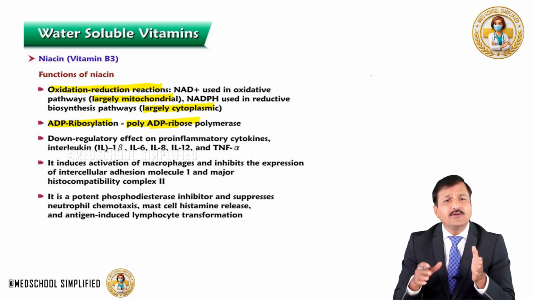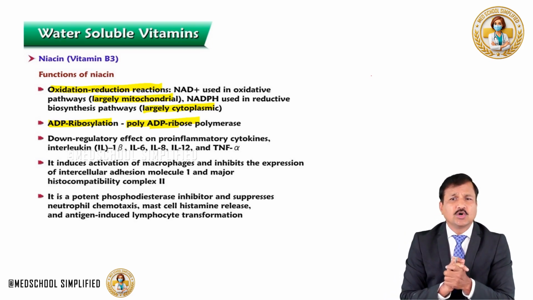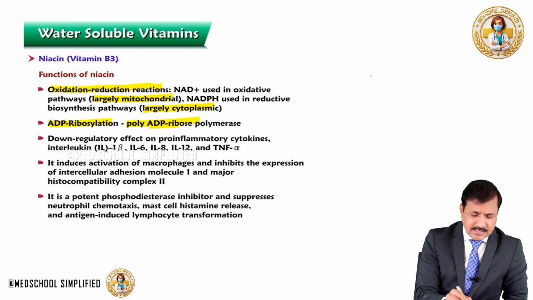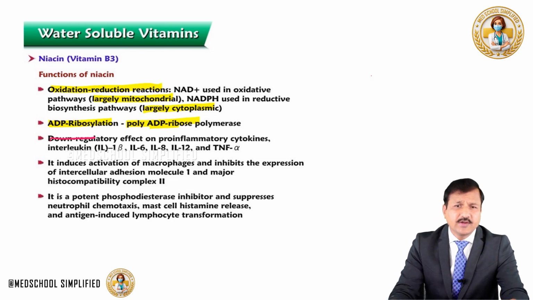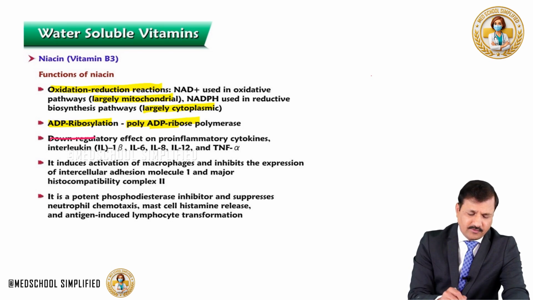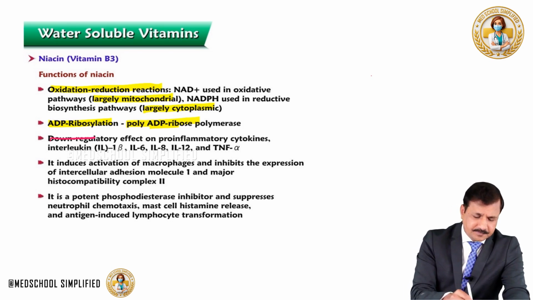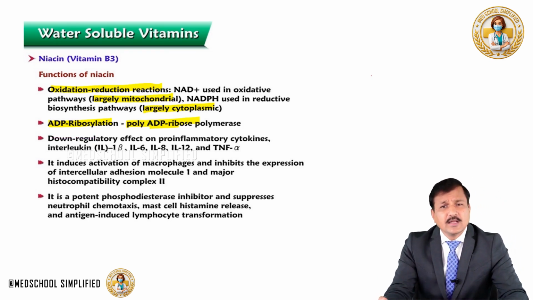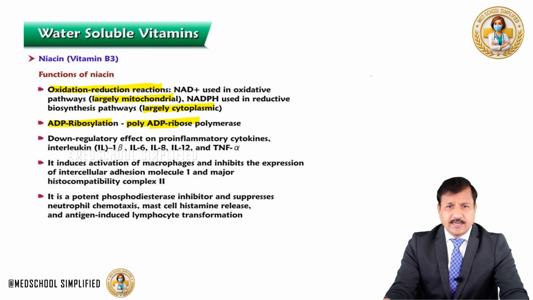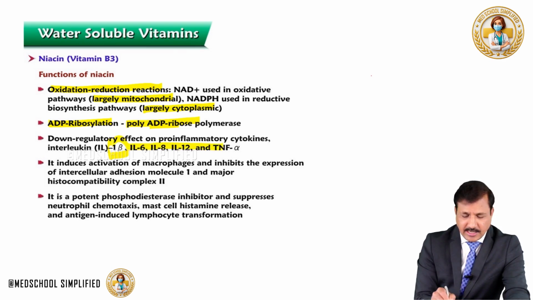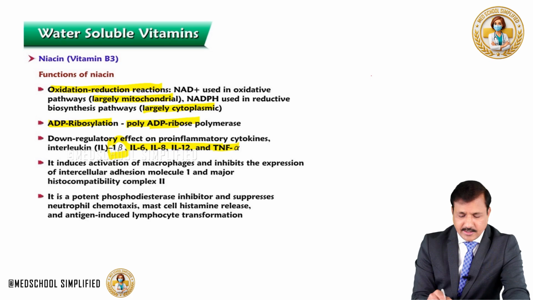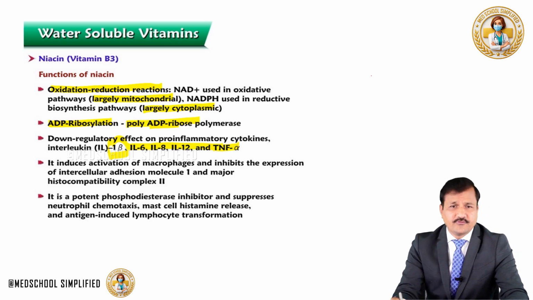Now, there are certain in vitro experiments that have shown nicotinamide has a down-regulatory effect on pro-inflammatory cytokines. What are those pro-inflammatory cytokines where nicotinamide has a down-regulatory effect? That is interleukin 1b, interleukin 6, interleukin 8, interleukin 12 and tumor necrosis factor alpha.